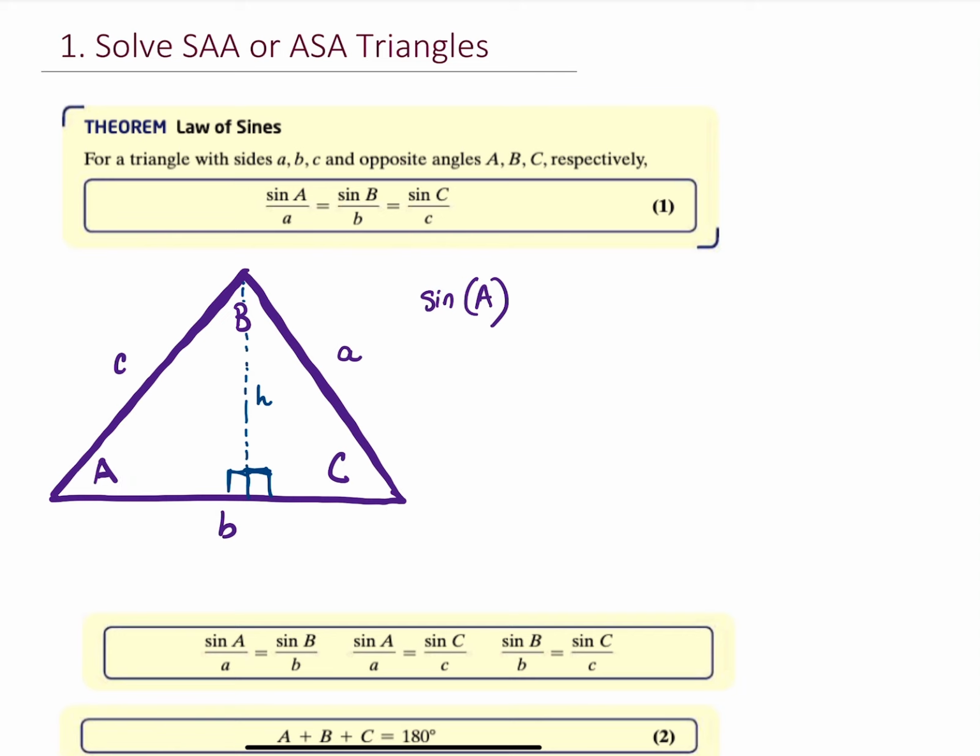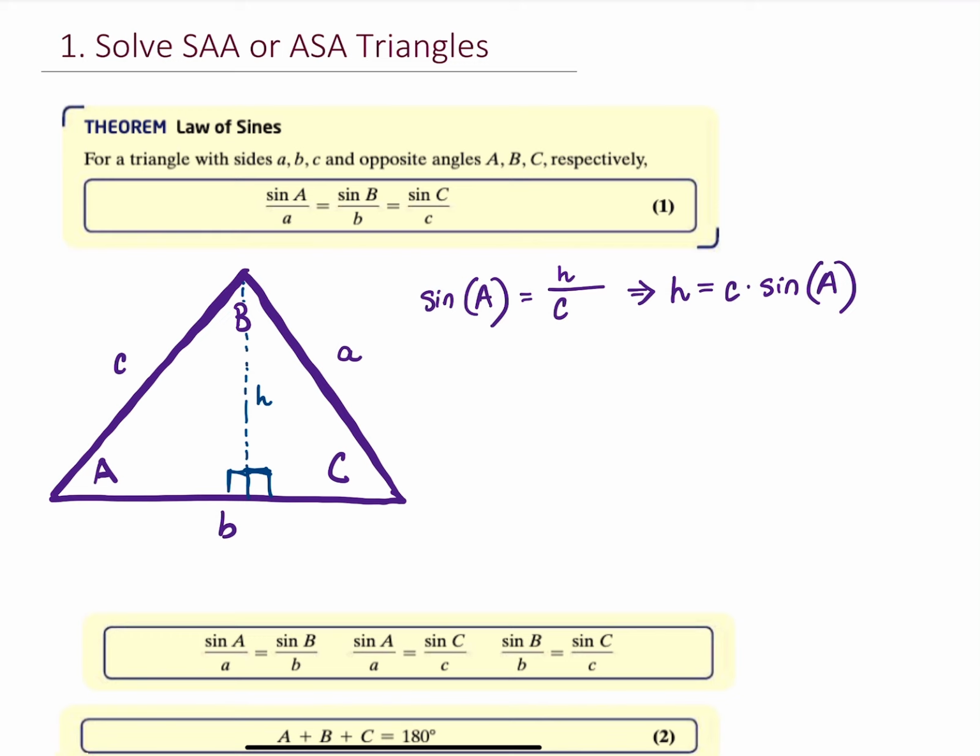So we can define this as this height h divided by side length c. So here we could solve for h by multiplying the c over. We can say the height of this triangle would be c times the sine of angle A.